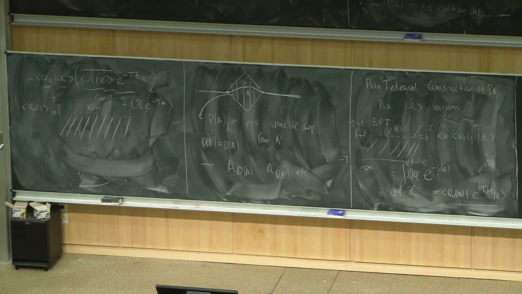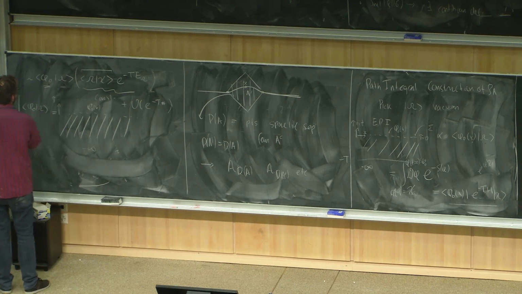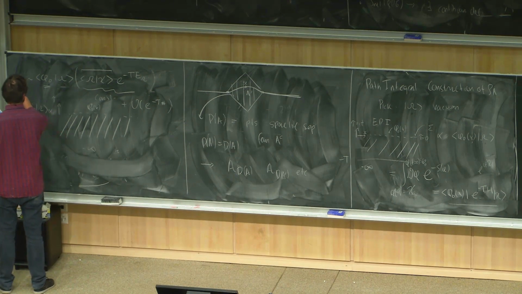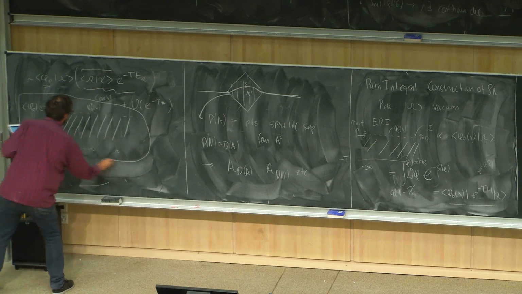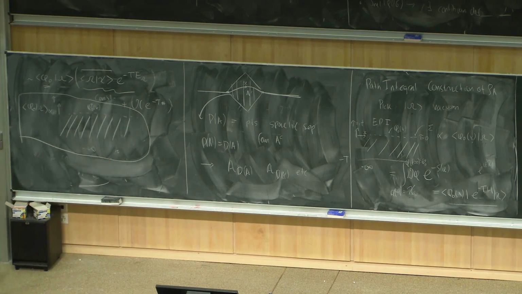Does anyone want me to go over that again? Okay, I'm not going to. And it's proportional. This proportionality constant I'm just going to deal with later. I'm going to forget about normalizing my states, and at the very end, I'll normalize.